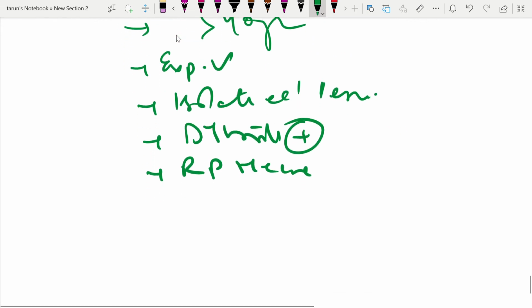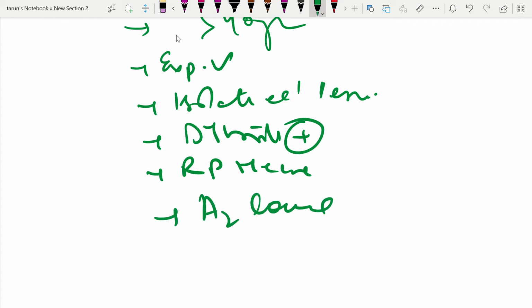Right parasternal heave will be present. A2 is loud and has a tympanic quality, while in rheumatic A2 was soft or absent.